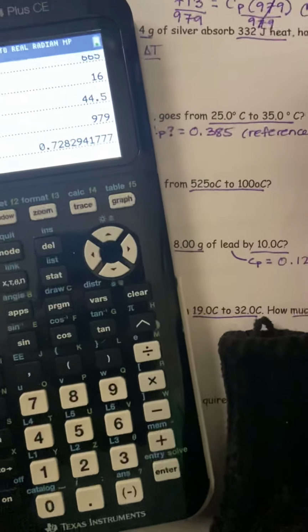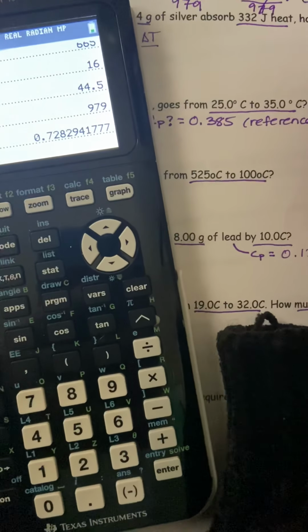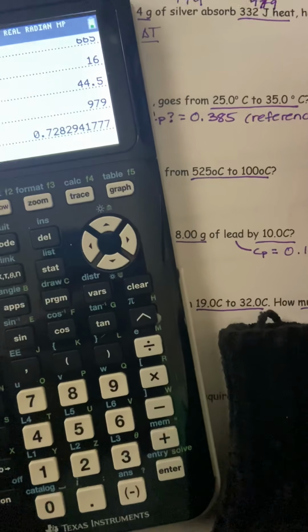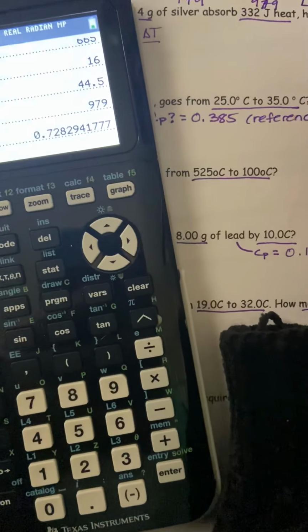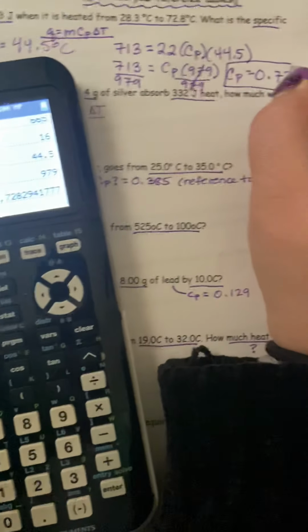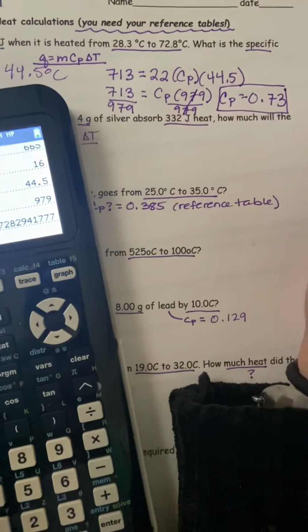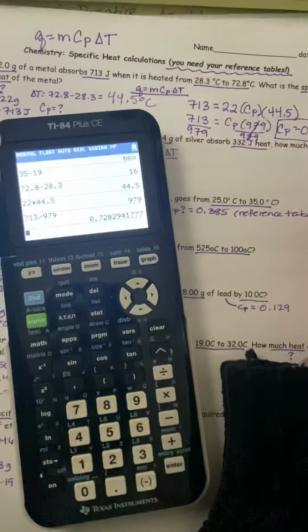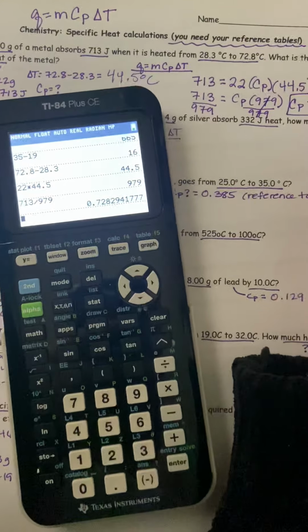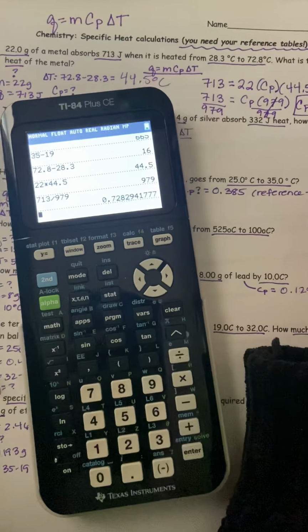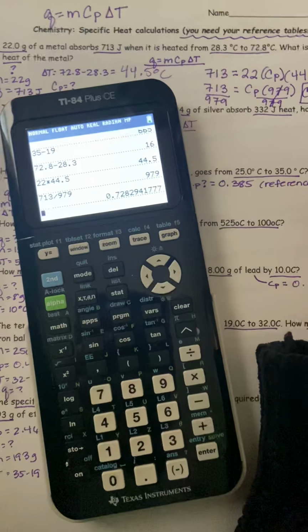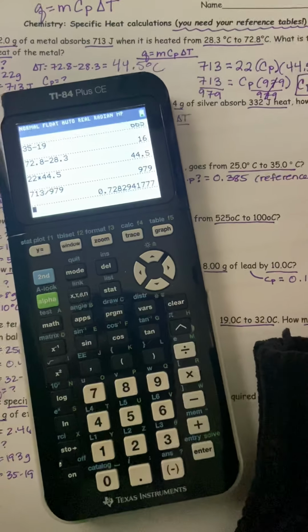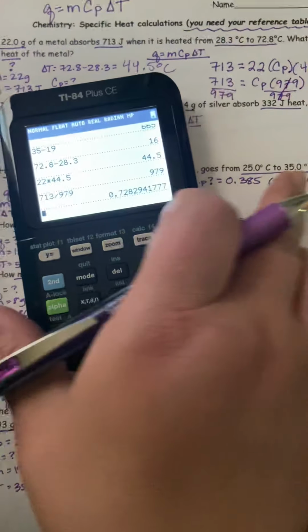And that gives you an answer of 0.73. And then square your answer. So that's how you work these specific heat problems. They're super easy. I know that the equations seem a little scary when you look at them, but I promise you it is just multiplying and dividing.